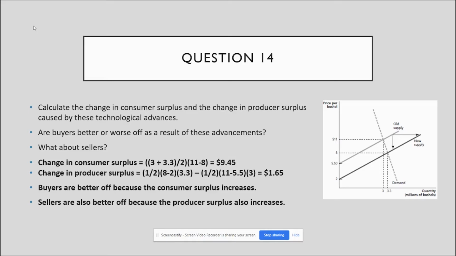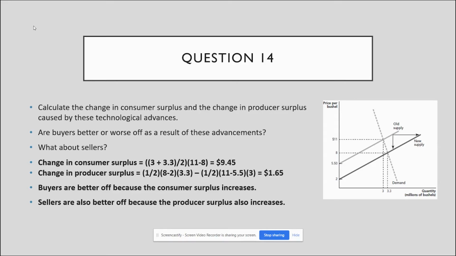Since we don't have all this information in the graph, what I did was take the area of the trapezoid, which is between the two prices, because that would be equivalent to subtracting the area of one triangle from the other triangle.